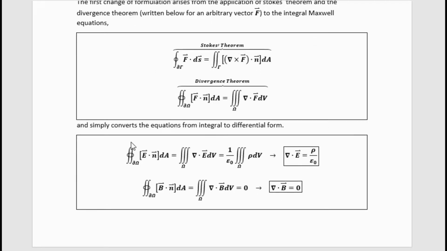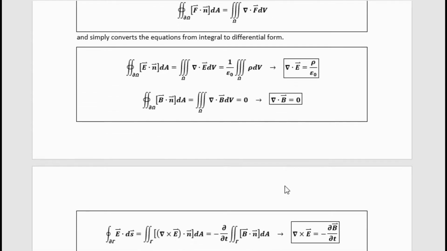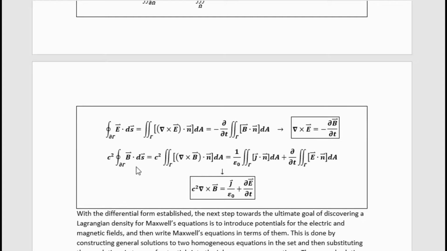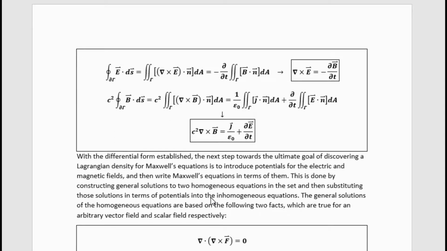Specifically, the divergence theorem is used first on the two Maxwell equations that involve closed surface integrals to get the two differential Maxwell equations that involve divergences of the electric or magnetic field. And then Stokes' theorem is used down here on the Maxwell equations that involve closed line integrals to get the Maxwell equations in differential form that involve curls of the electric and magnetic field.